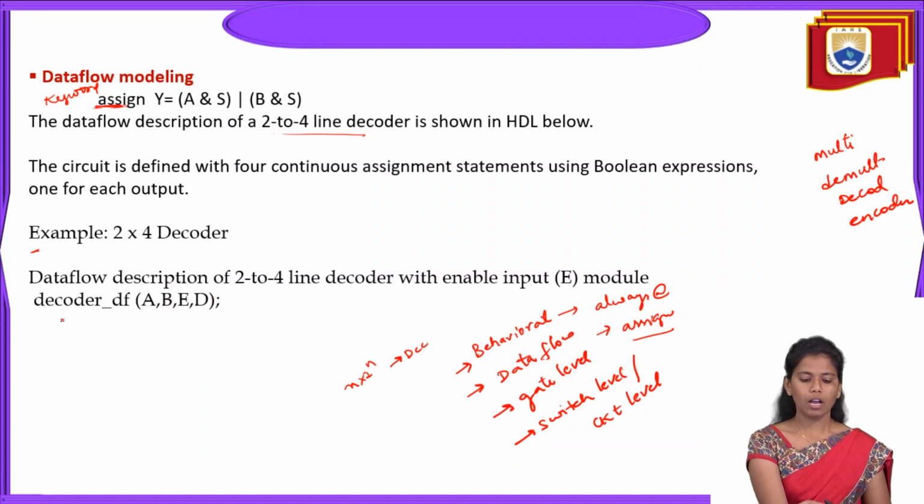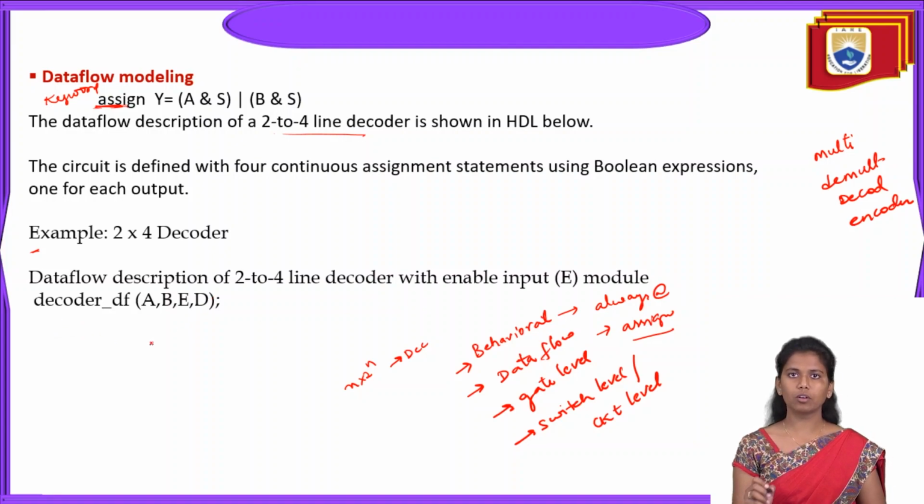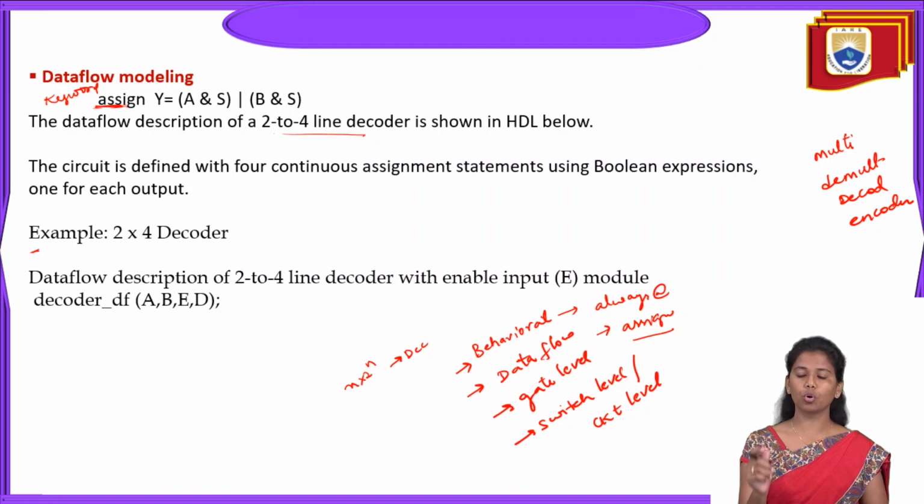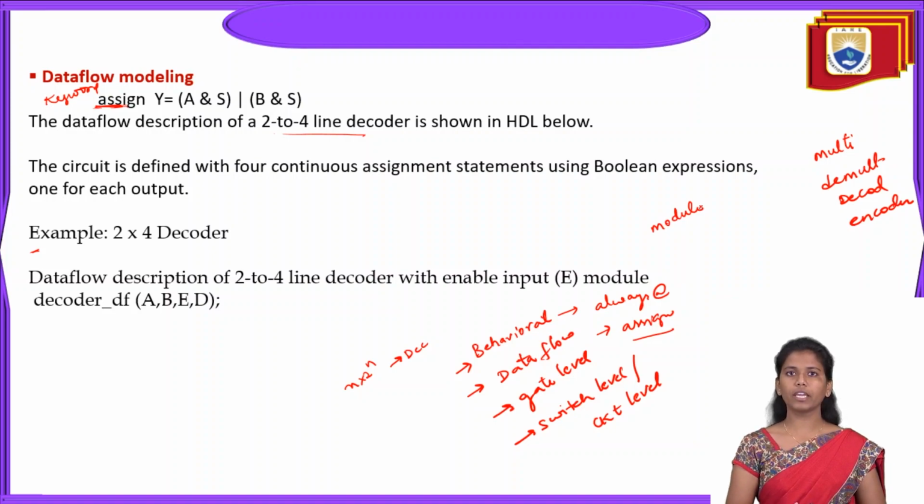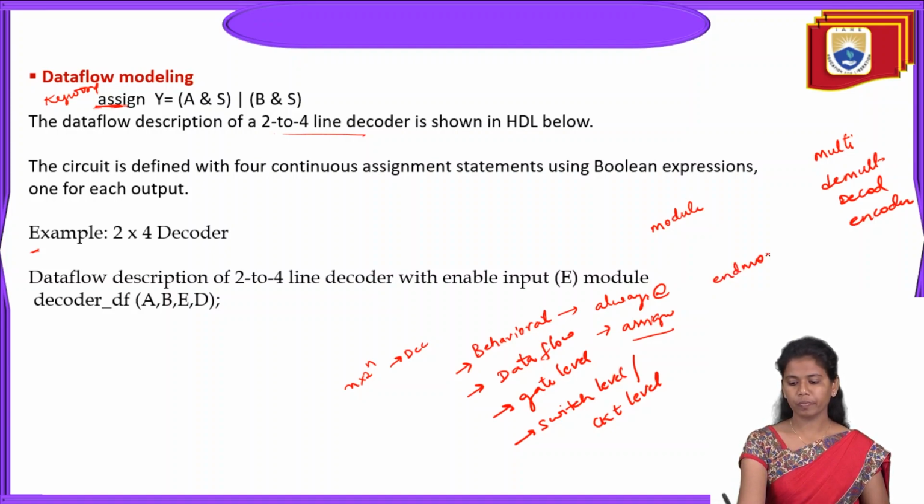When you are writing a particular code, remember that you have to start your code with a keyword called module. When you start with module, then obviously at the end of your code you have to end it with endmodule.